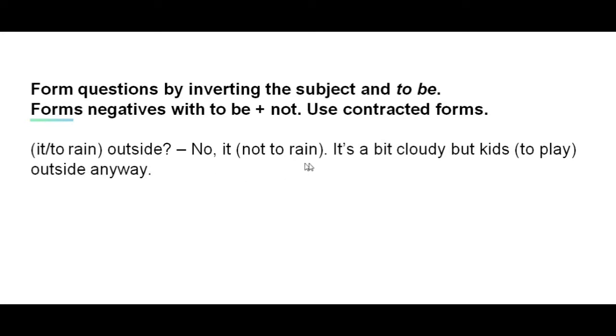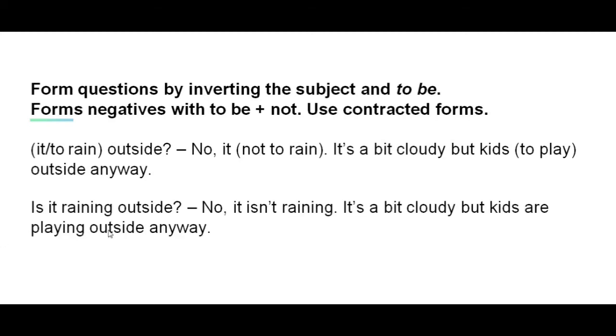No, it not to rain. It's a bit cloudy, but kids to play outside anyway. Is it raining outside? No, it isn't raining. It's a bit cloudy, but kids are playing outside anyway.